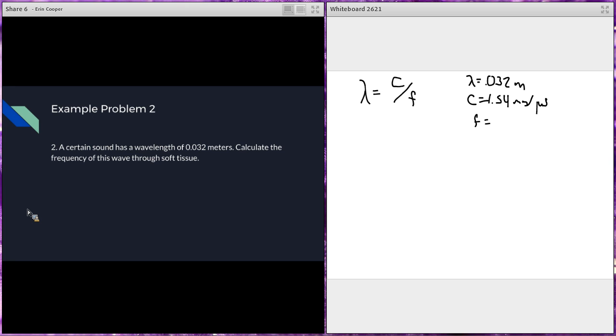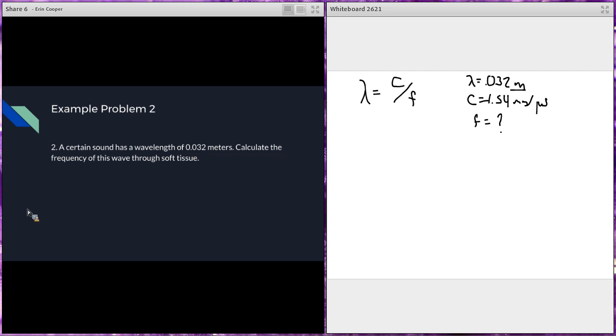And frequency is our unknown. Well, now our units don't match up. We have meters here and we have millimeters here. So if we were to just plug in this wavelength, it would not give us the right answer. So what do we do? Remember we talked about the metric system earlier and converting within the metric system. So we have to convert meters to millimeters.